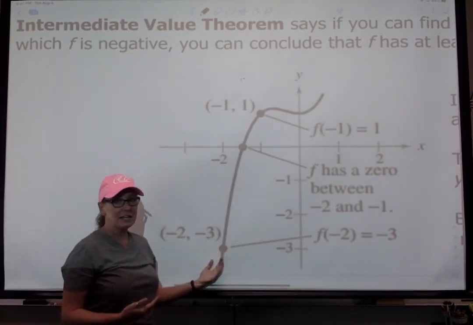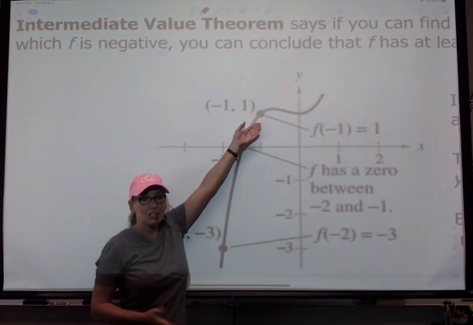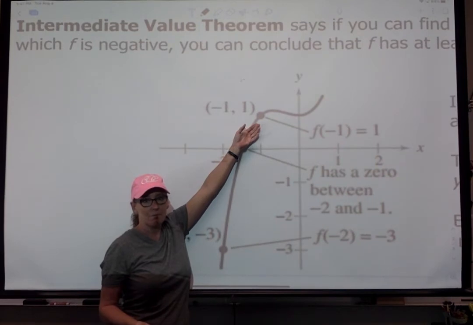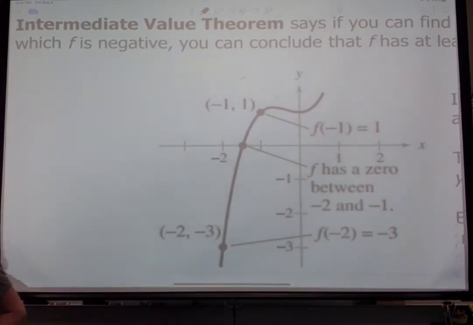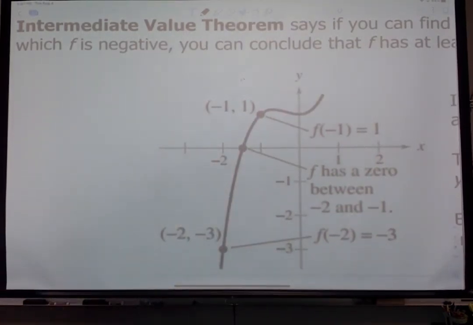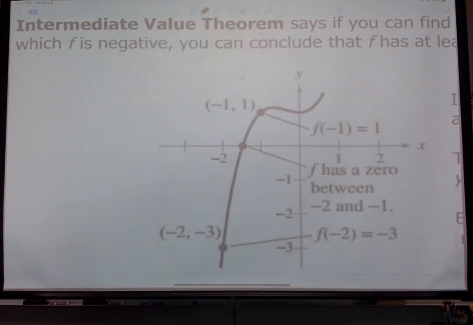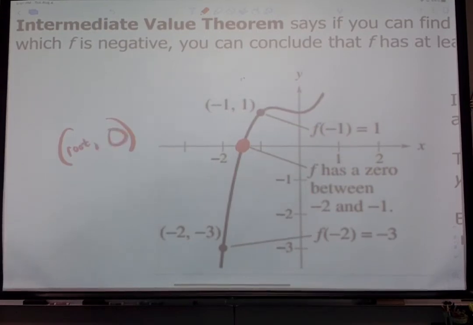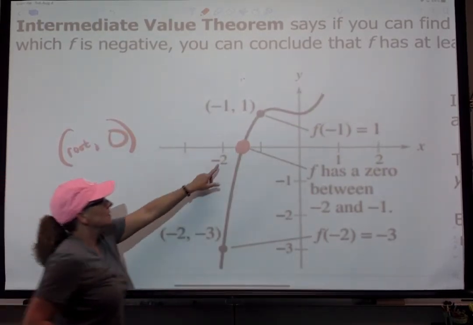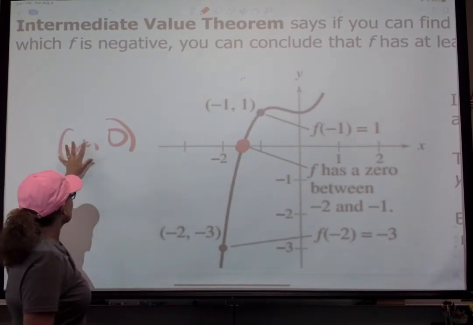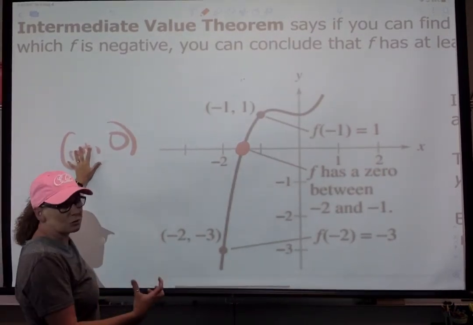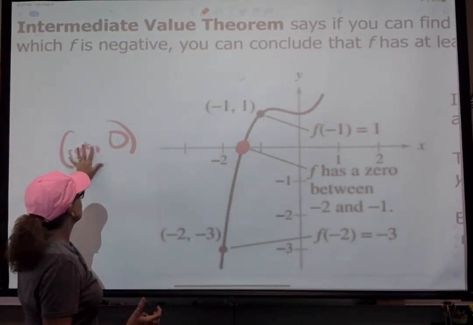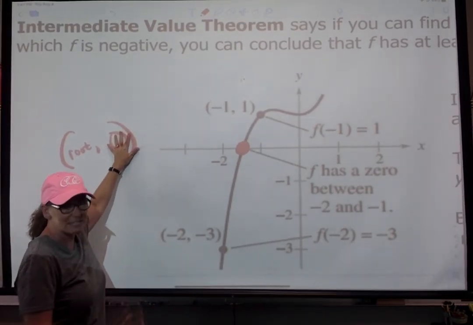How do you get from negative numbers to positive numbers? You have to go through 0. So somewhere there was an x value that was a root. And I know this because my y had to be 0.